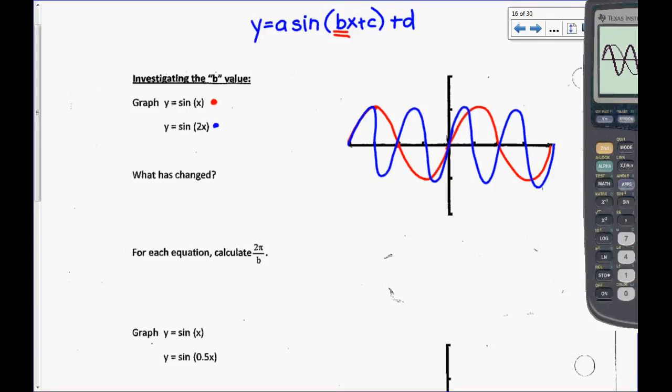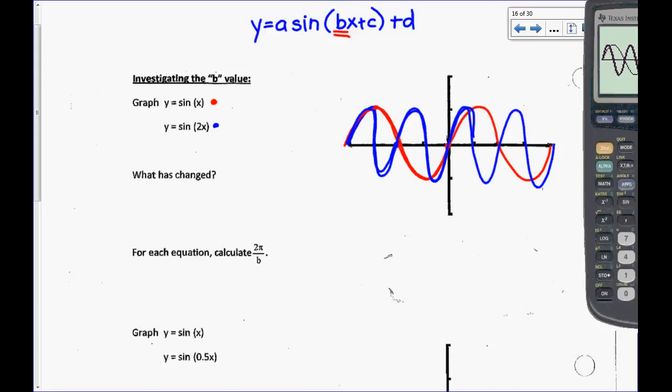Before, with a regular sine function, the period is 2 pi, right? The period was this whole distance from here to there before it started repeating again. Now this time, that distance has shrunk in half, because here all of a sudden is that function to there, and then it's repeating again to there. So it's fitting 2 of those into the space that before one of those fit.